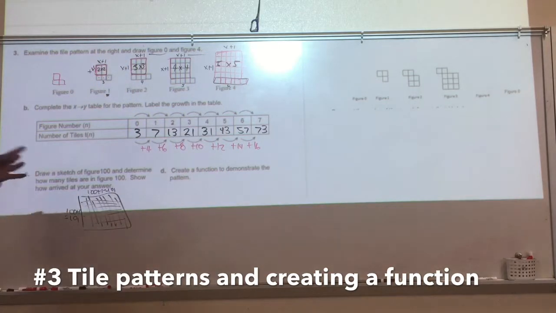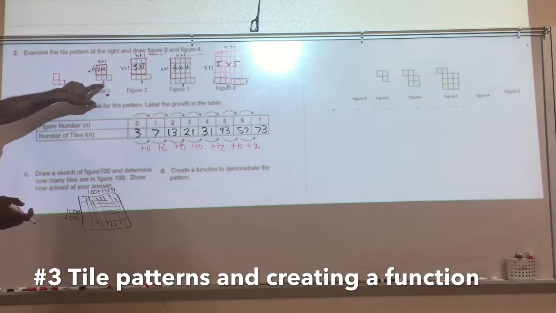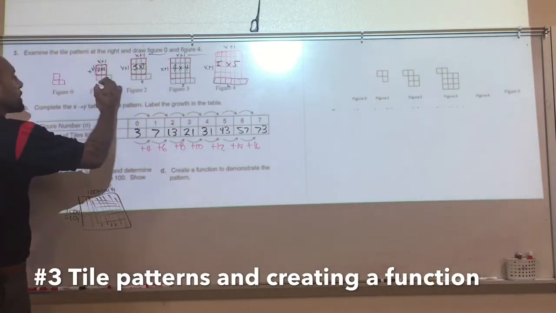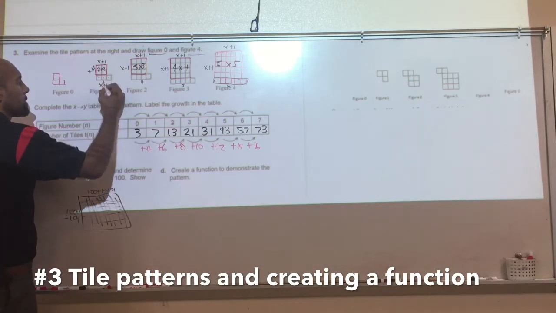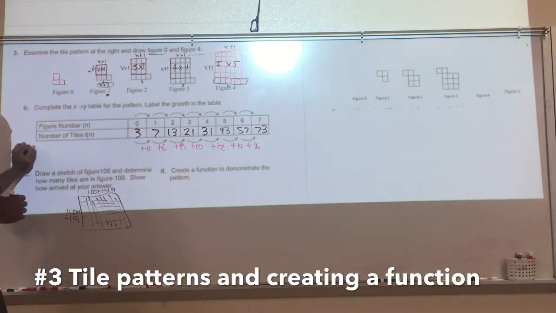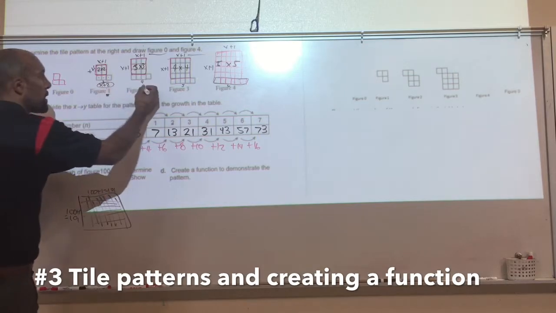Let's look at how that relates to the figure number. These 3, that's 2 bigger than the figure number 1. So the bottom is x plus 2, because it's the figure number plus 2.